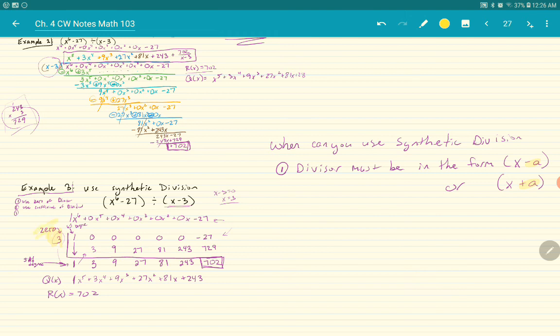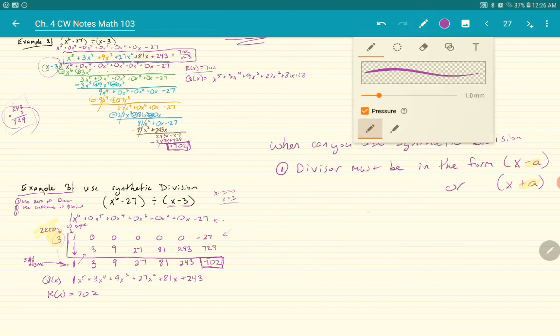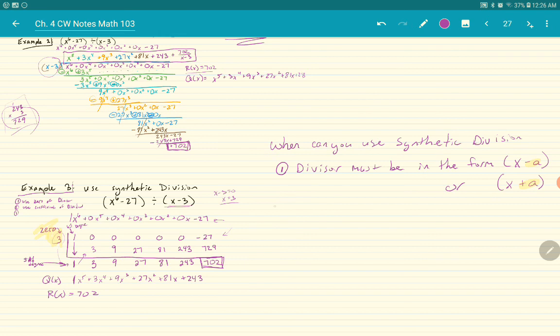All right, and the other requirement is, and this is true for long division as well, you must use those 0 placeholders, because otherwise I'm taking out all the variables, so I need to have a spot for each term, and then that way I can plug them back in. So use 0 placeholders for every missing power.